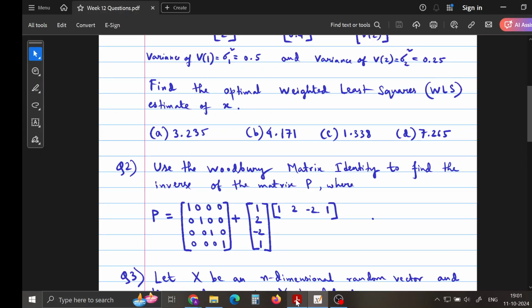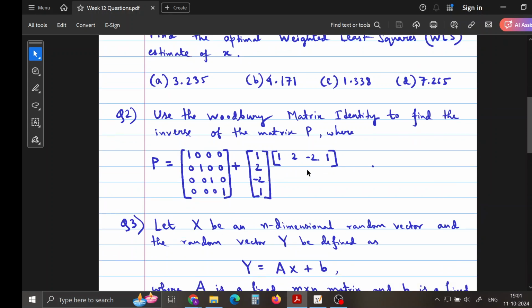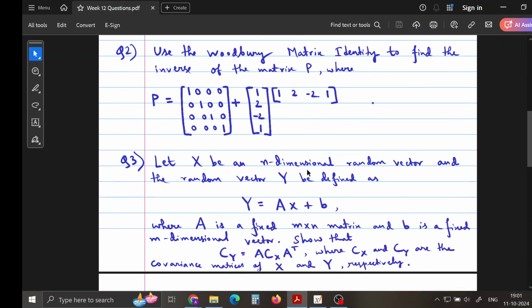Okay, so now let's move to the third question. I'll illustrate a few simple basic problems on these random vectors, covariances and all, because they are very rigorously used in the derivations in our actual lectures as well.